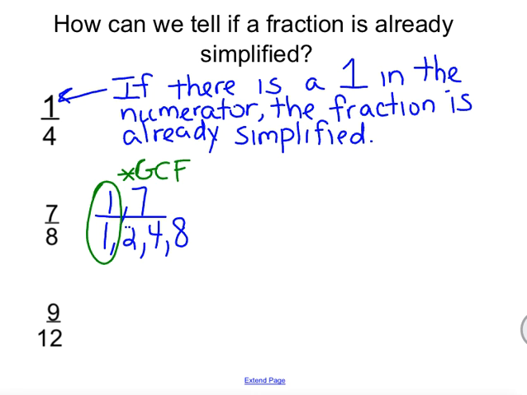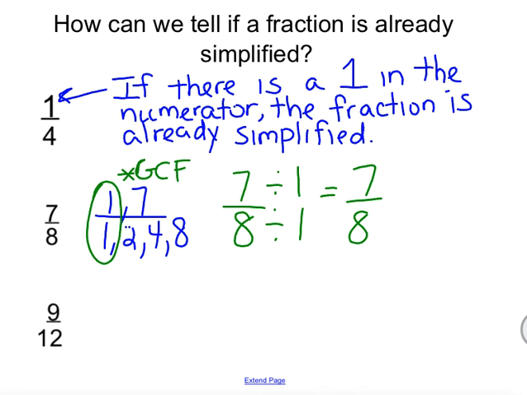So let's go ahead and do that and see what happens. You take your 7/8, we say divide the numerator and the denominator by the GCF. Excellent. So I'm going to divide by 1, since that's the GCF. Divide by 1, and what do you know? It gives us 7/8, which is exactly the same numbers that are in the numerator and the denominator as the original fraction.